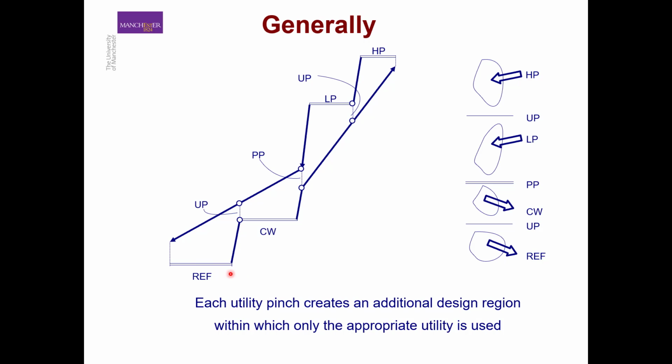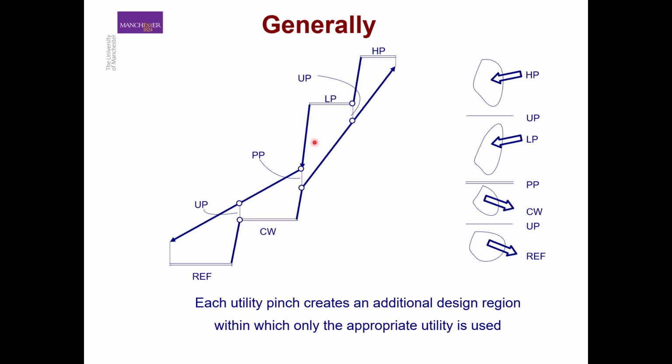We have one utility pinch below our process pinch, the process pinch here in the middle, and one utility pinch above the process pinch. In this design region, our hot and cold streams are out of balance, and we have to use the hot utility, HP steam, to balance them out. So we are only using HP steam in this design region.